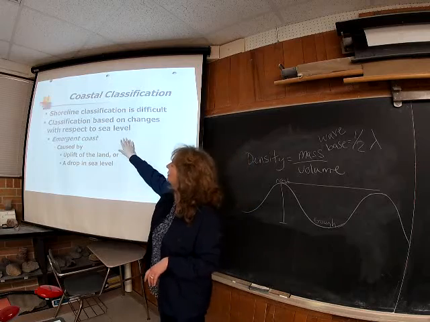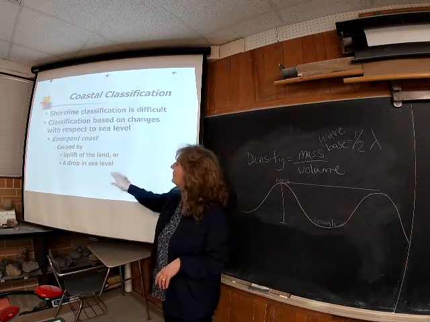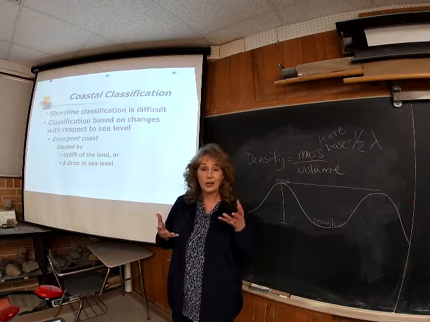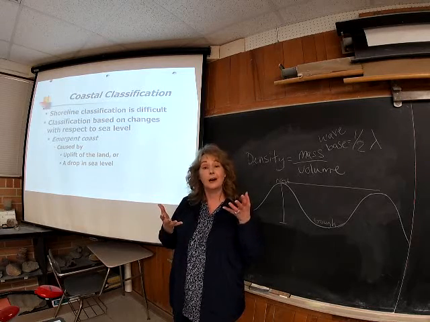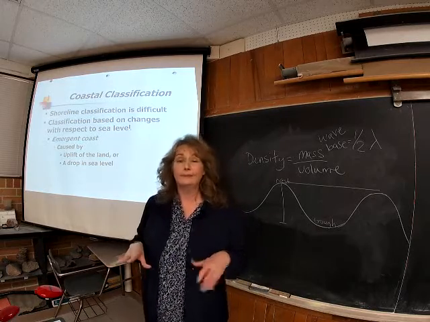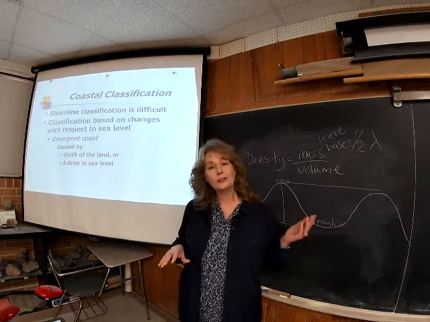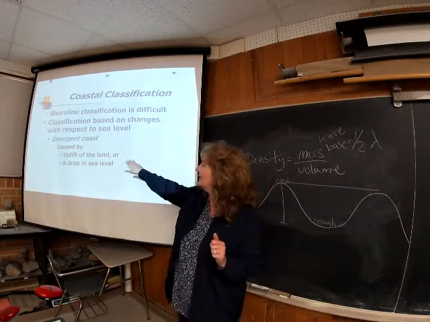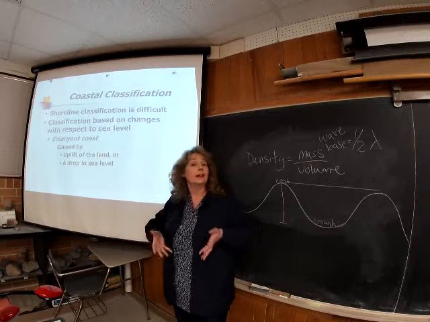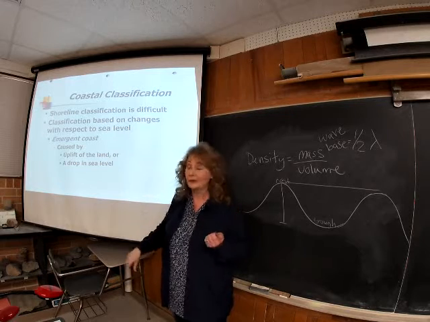So an emergent coast is caused by either an uplift of the land, so tectonically the land is lifting up, or you're getting a drop in sea level. Out on our west coast, we actually have the scenario where there's an uplift of land. So it's like the land's coming up out of the water, right?